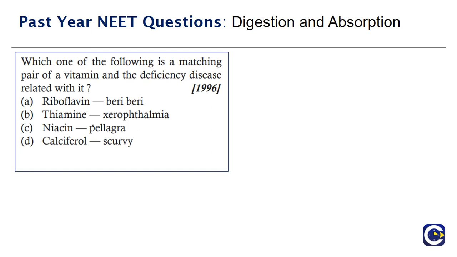So we know vitamin D, calciferol, does not cause scurvy, it causes osteomalacia. Thiamine xerophthalmia is due to vitamin A, so this is also wrong. Riboflavin, beriberi is due to B1 deficiency, not riboflavin. So the answer is niacin, pellagra.